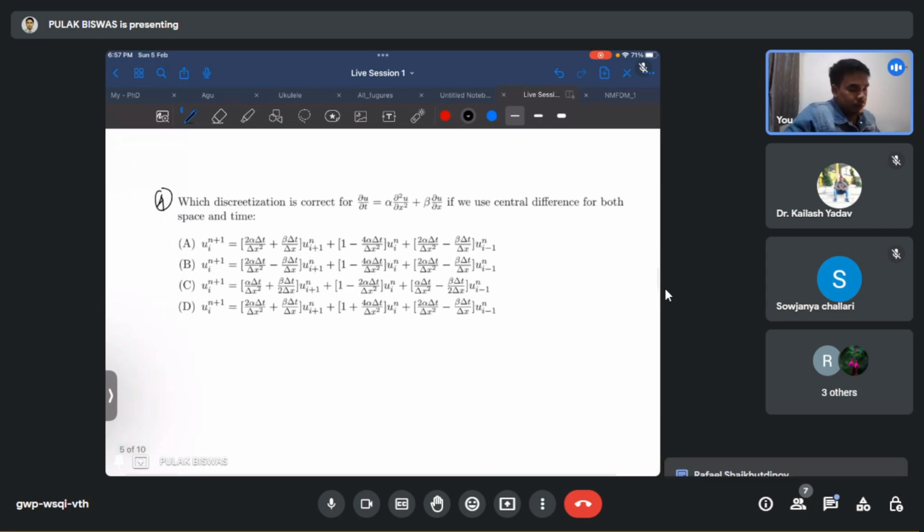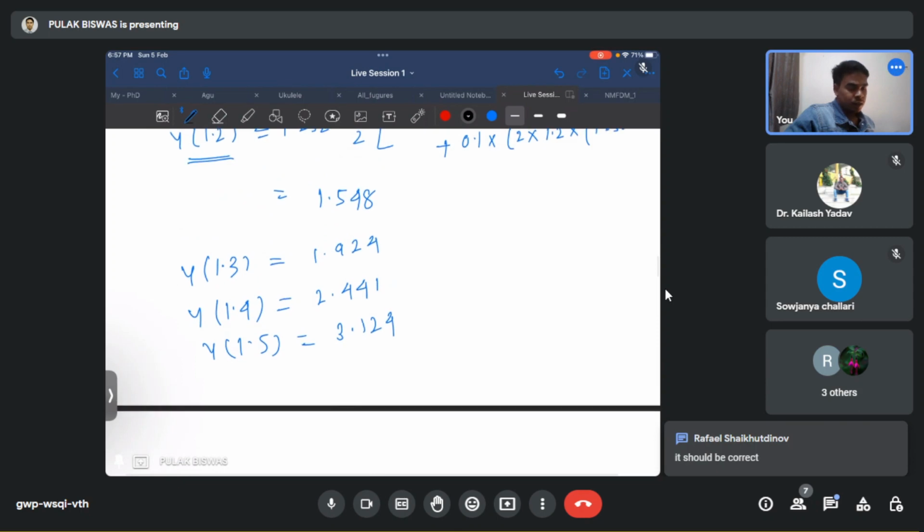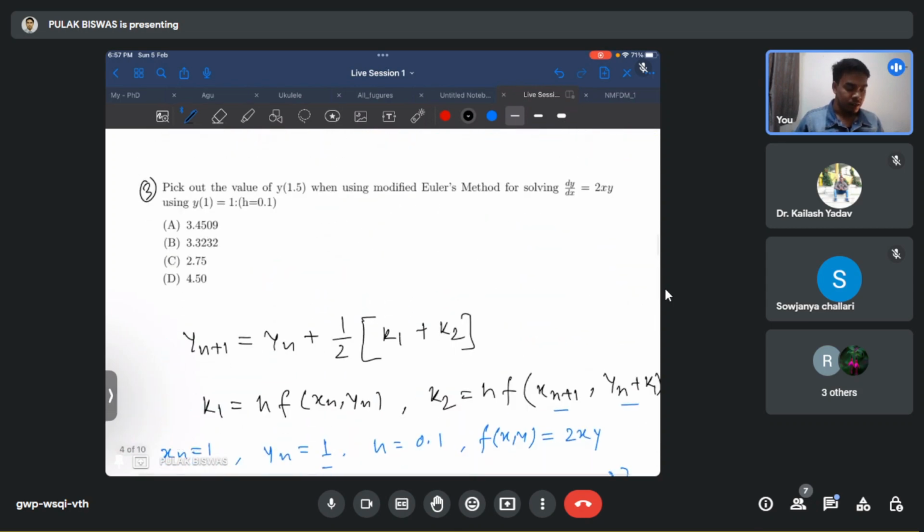So this is the problem. Next. Okay, so maybe you have considered many terms, so that is why. But if you truncate it to only 3 decimal points, then you might end up with these values.